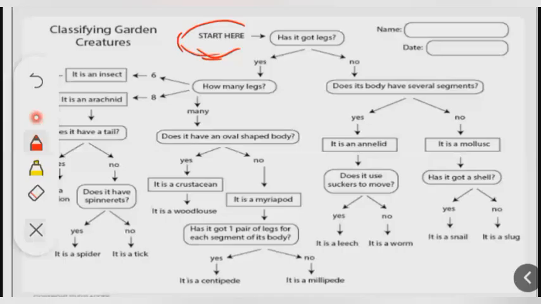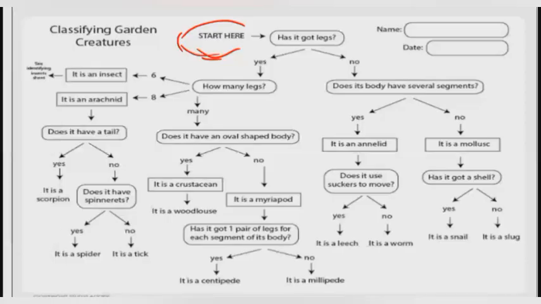First question I should ask is, does this organism have legs or not? Are you seeing it? It's a simple tool, just a simple tool of yes or no. It will help you to identify the organism. So looking at it, does this organism have legs? Yes.